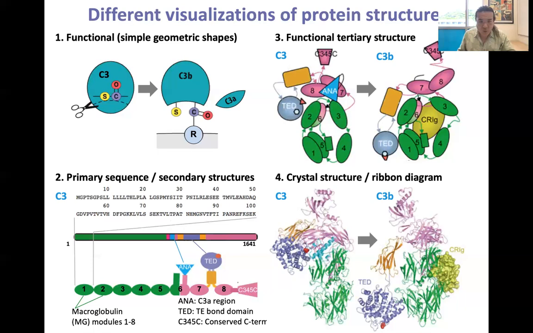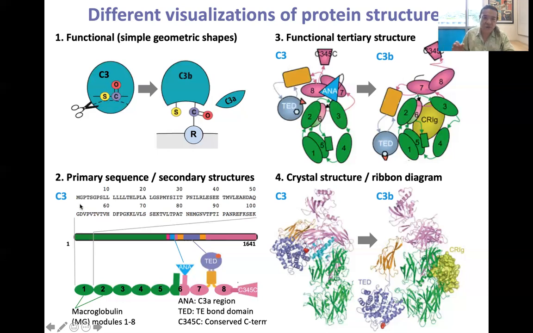But let's look at different ways of visualizing this C3. At its most fundamental, this C3 protein is a long chain of amino acid residues that are linked together by peptide bonds, right? So it's a polypeptide chain. One way we can think about it is if we were to unravel the C3 and straighten it out, we can map out the different amino acids that are at different positions within the structure.